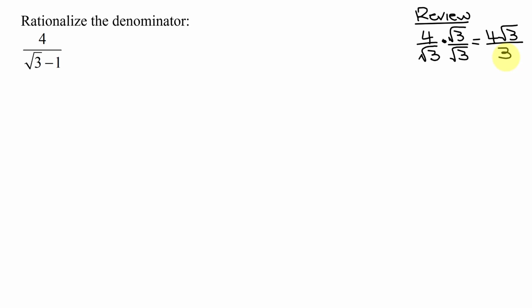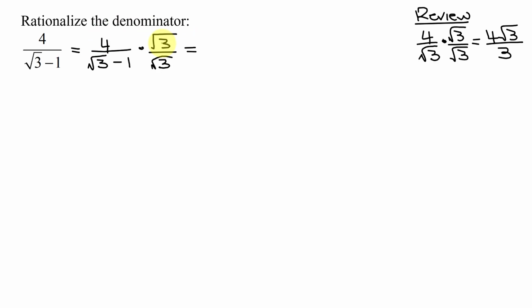So a lot of students try and do the same process here. They take the expression 4 divided by the square root of 3 minus 1 and multiply it by the square root of 3 divided by the square root of 3. Excuse my bad handwriting.